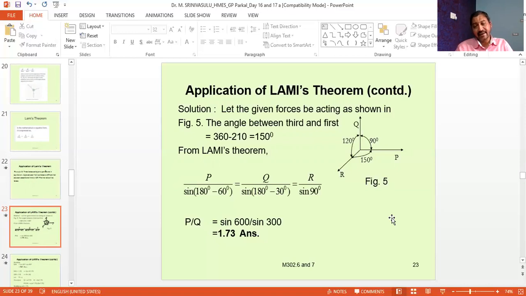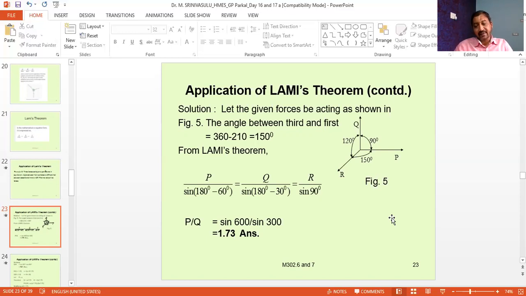When one is 90 and the other is 120, the third unknown angle will become 360 minus (90 plus 120). That becomes 150 degrees, because the total angle is 360. So in this case the third angle is equal to 150 degrees.